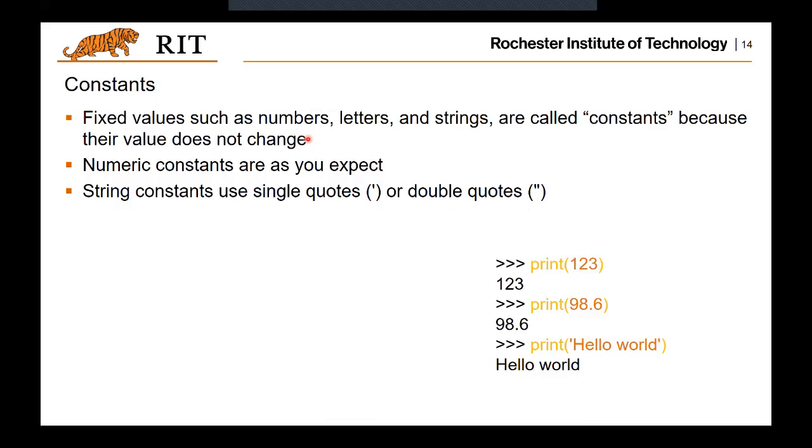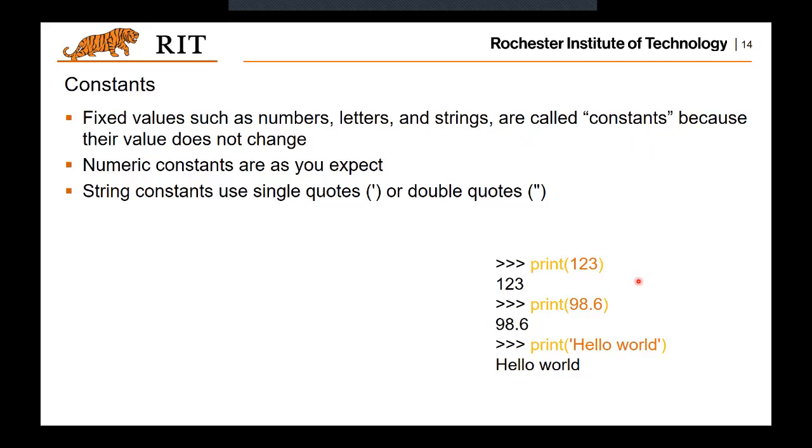There could be numbers, letters, some words, some text. In a Python program, they are usually called strings, right? And as long as there are fixed values, then they can be called constants, right?